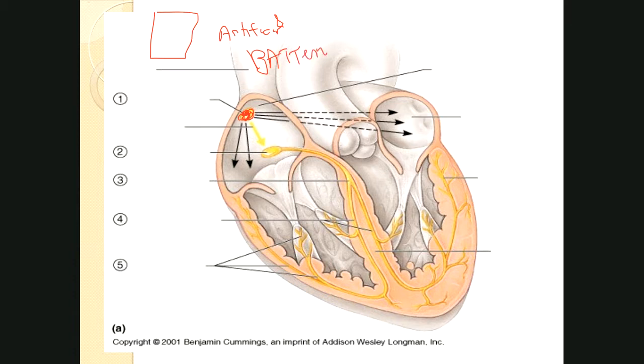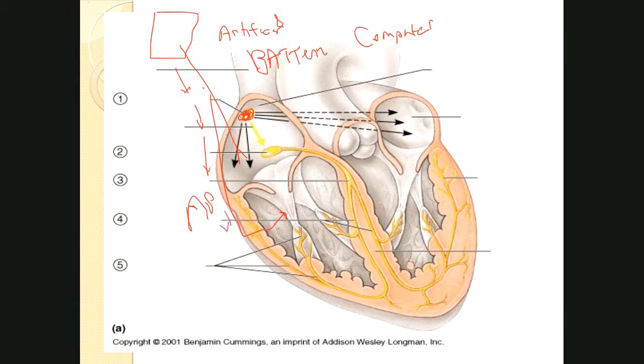There's a wire that comes down here, and the wire sets off action potentials in the heart. Now it's also a little computer, so the computer is going to decide when to send those little voltages, those little charges down.